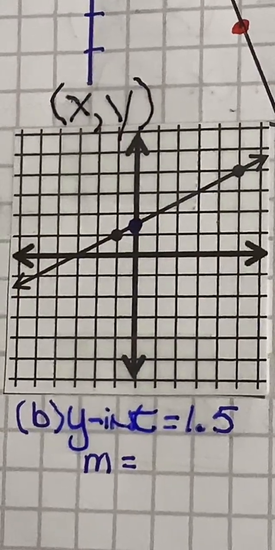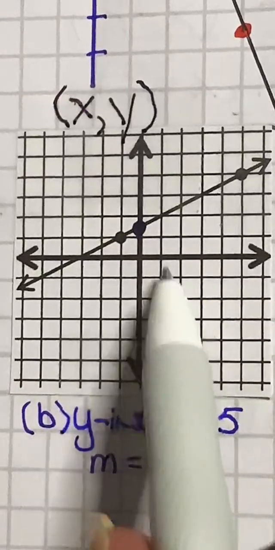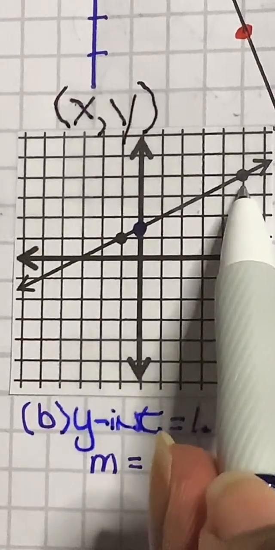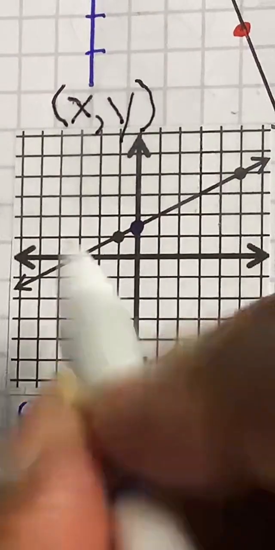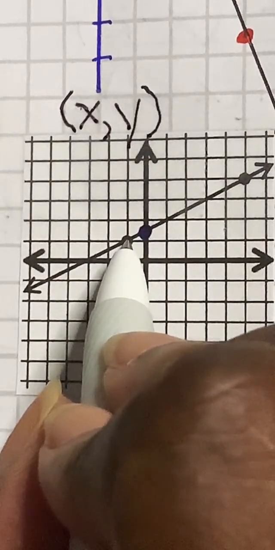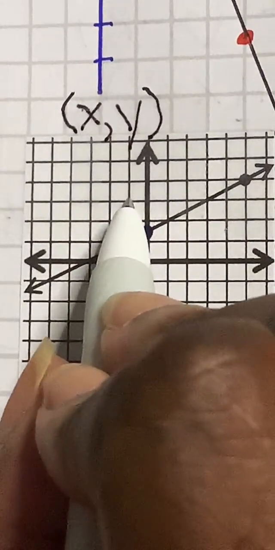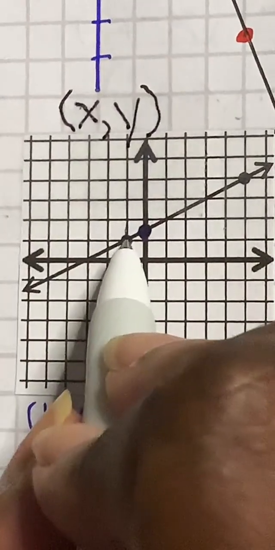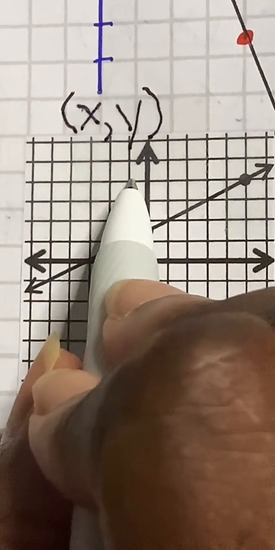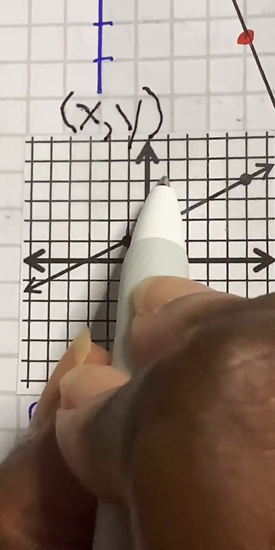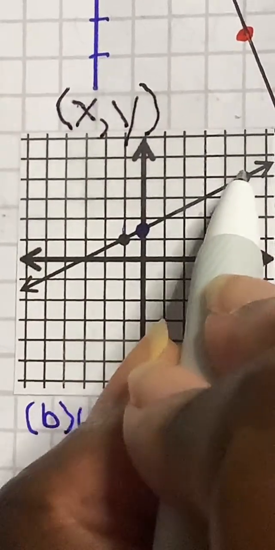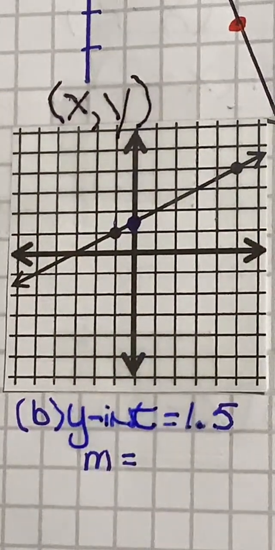All right. So if we want to find it, let's use the 2 points that they gave us. So if I'm starting, say, at this point, I can go up 1, 2, 3, and then over 1, 2, 3, 4, 5, 6.